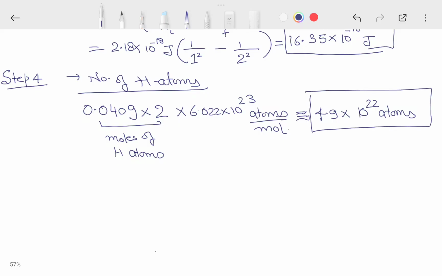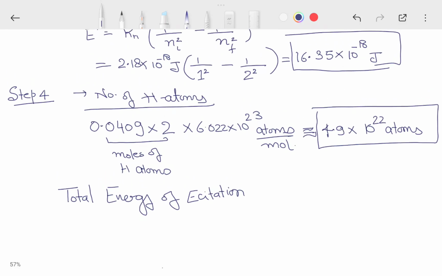Then we find total energy of excitation. For these many atoms, for one atom it is 16.35 into 10 raised to the power minus 18 joule, and we need to find out energy for these many atoms.